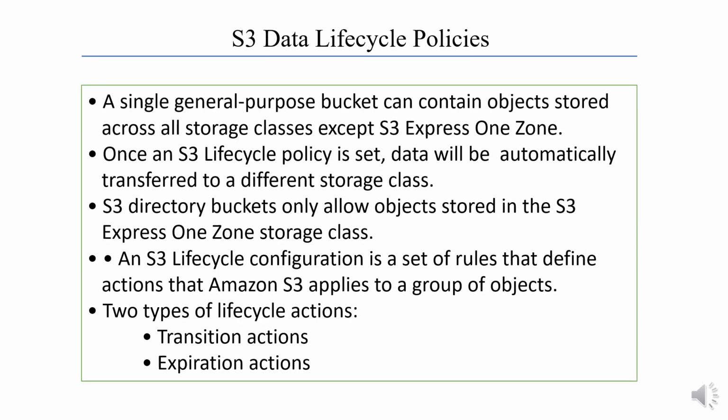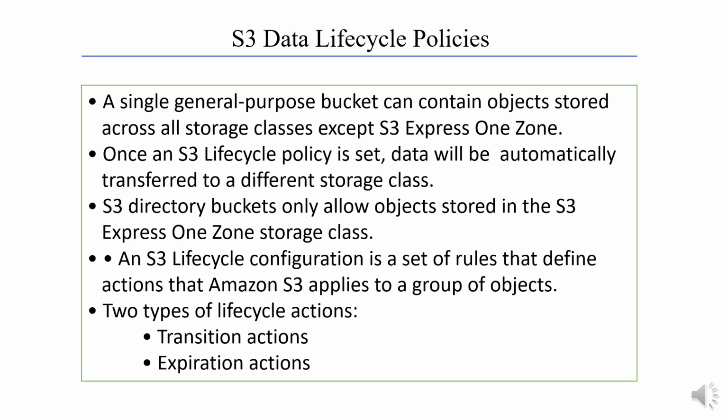Let us talk about S3 data lifecycle policies. They allow you to configure S3 storage classes at the object level. A single general-purpose bucket can contain objects stored across all storage classes except S3 Express One Zone. It offers capabilities to manage data throughout its lifecycle.